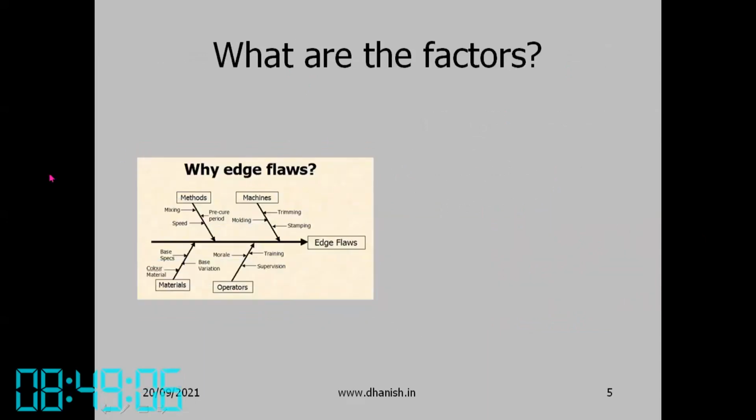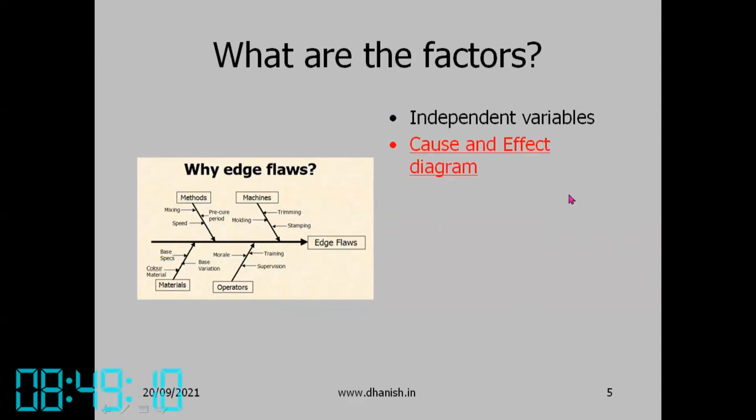So identify using a cause and effect diagram or doing a brainstorming. So what are the independent variables? A cause and effect diagram like this is useful. So we divide into numeric factors and categoric factors. Categoric factors are not continuous, like for example, cutting tool. So if you have two makes of cutting tools, Widia and Sandvik, they are categoric factors.